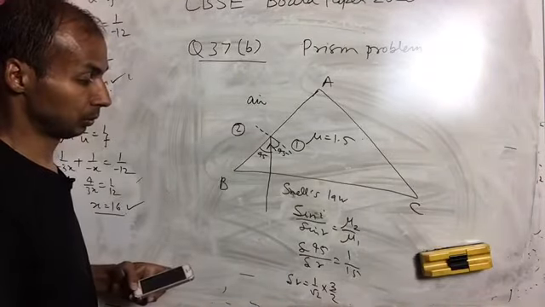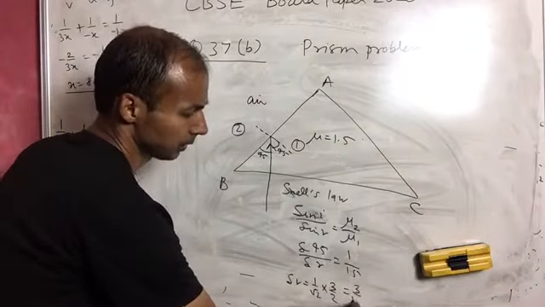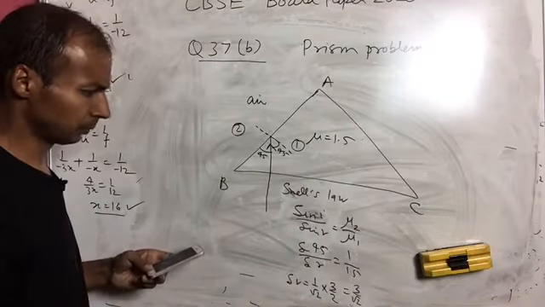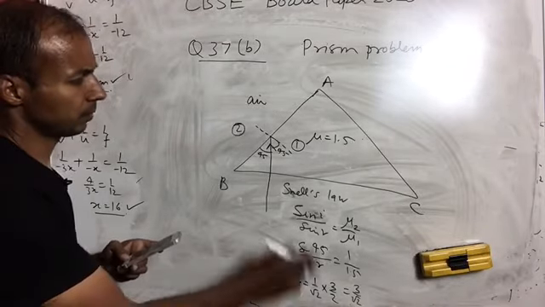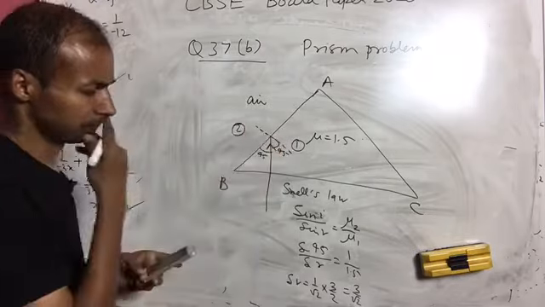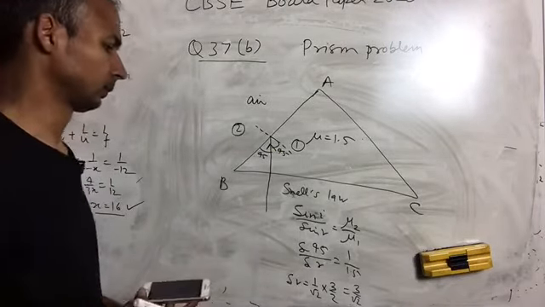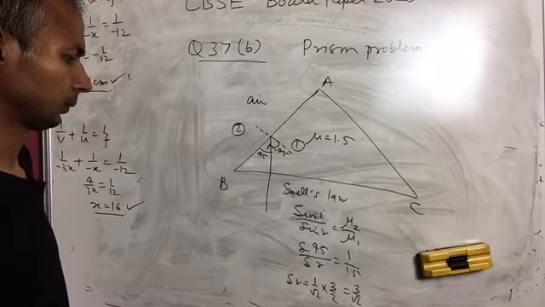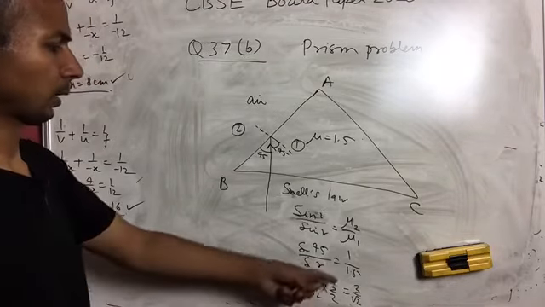So this gives me 3 by root 2. So that gives you the angle R. But sine value is never greater than 1.